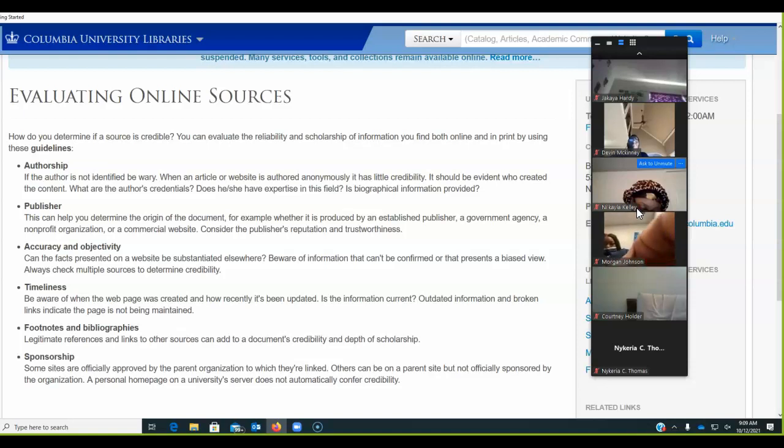It should be evident who created the content, what the author's credentials are, does she have expertise in this field, is biographical information provided. Great. Okay, so we want to make sure we know the author, that they have credibility. Anonymous authors don't have a ton of credibility. It should be evident who created the content and what their credentials are.